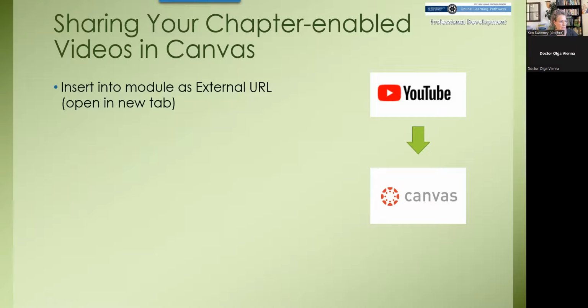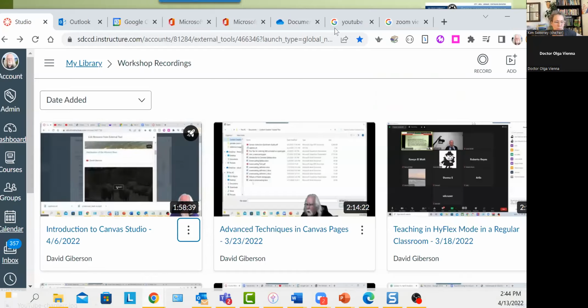One thing you can do that is dirt simple, but will ensure that students are going straight to YouTube, is to just insert a link to this video as an external URL in a module in Canvas. So let's do that just to make sure everybody knows how to do that.